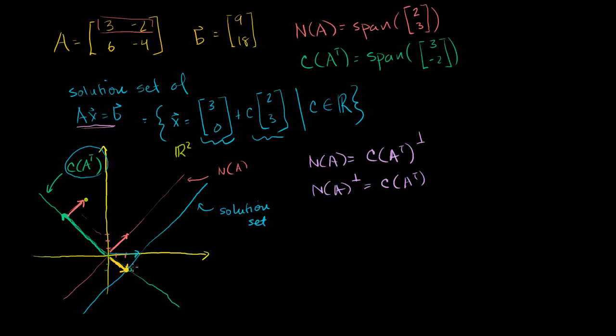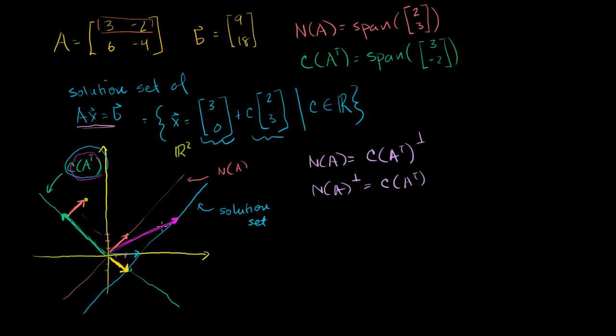And one way you could think about it is, any solution on our solution set, let me pick a different, new color, let's say that is some arbitrary solution on our solution set, right? That's going to be a point in R2, and any point in R2 can be represented as a sum of some vector in our row space and some vector in our null space.